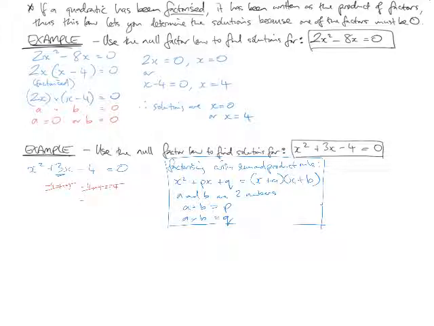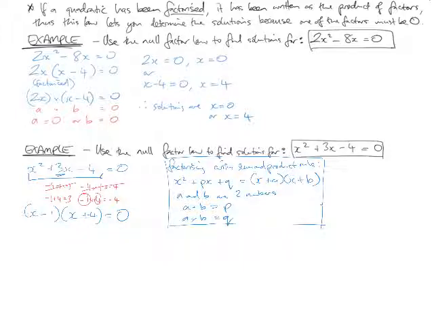What if I do -1 times by 4 is equal to -4, obviously. -1 plus 4 is equal to 3, so that's the option that I'm going to be able to use, -1 and 4, so that's what my a and b are. So factorized, this is going to be x, what did I say a was? Take 1, bracket x, and then b was +4. It's equal to 0.